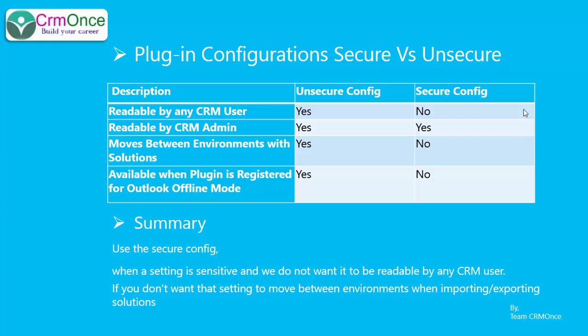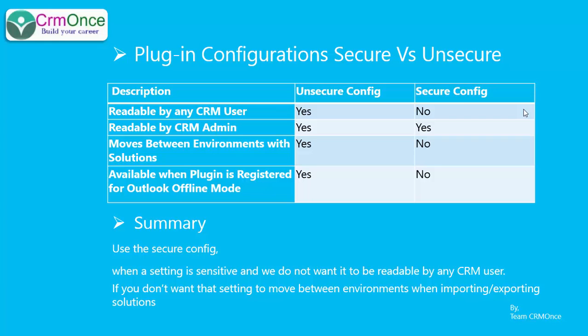And another thing you have to keep in mind when you're using these configurations is which one to choose. When your plugin has to run in an Outlook offline mode and do its activity, then go for unsecure configuration, because if you go for secure, then you won't be able to read the configuration information, right? So those are the two types of settings that you can use to pass on parameters to your custom plugins.